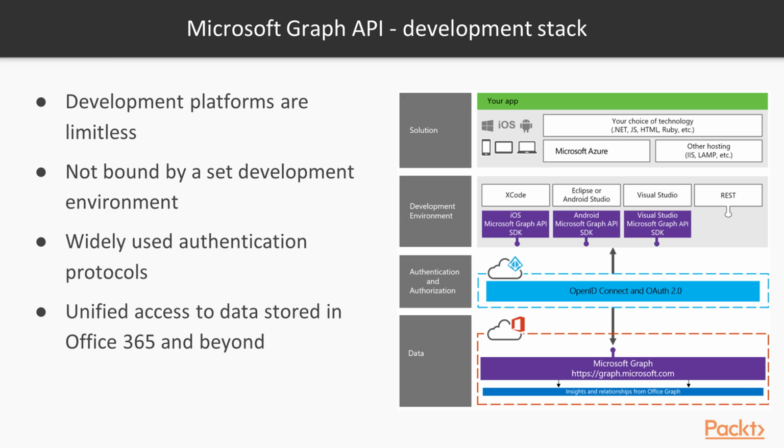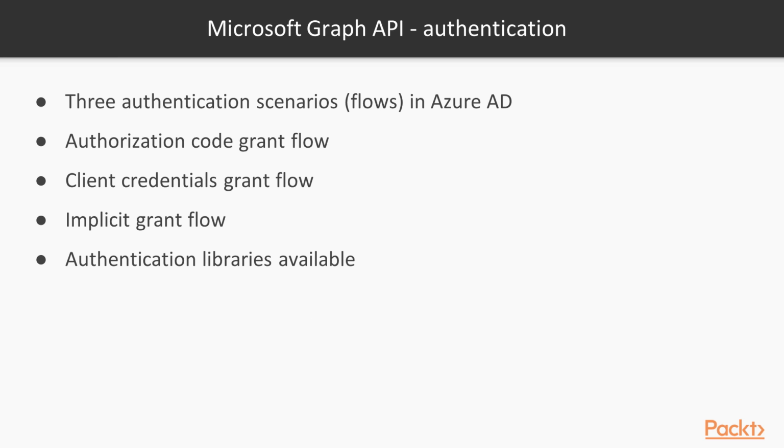Also, OpenID Connect and OAuth version 2.0 are widely used authentication protocols and are adopted as the protocol of choice here. And of course, at the data layer, you are exploring limitless possibilities of getting data from different Office 365 products. Let us briefly touch on different authentication scenarios that developers must adopt in order to access the Microsoft Graph API endpoint.